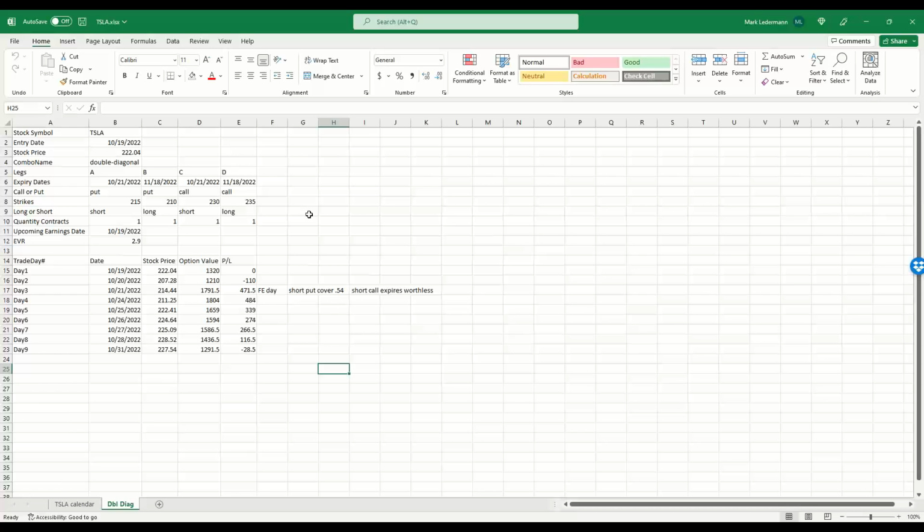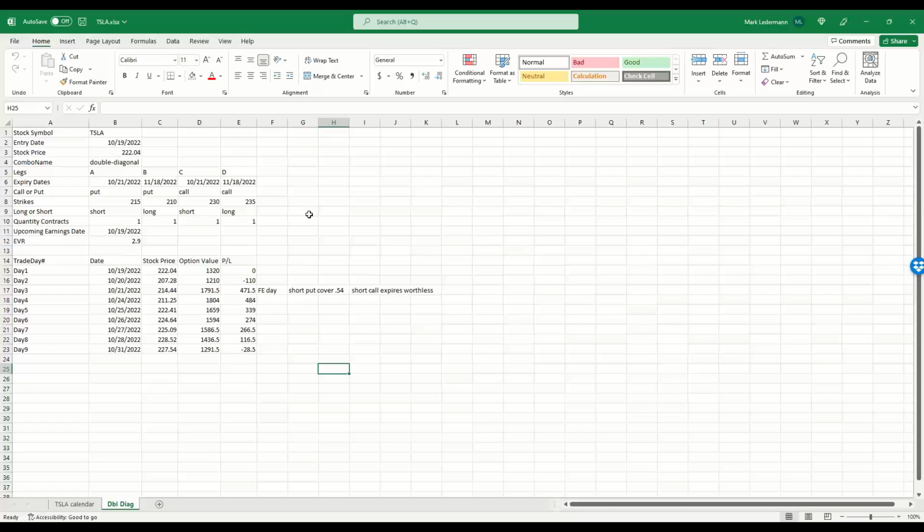One of the complaints that some traders have about the iron calendar, the iron eagle, is that the profit window is too narrow. Well, there's some truth to that. It's narrow for sure, and I'm going to illustrate that here. And so widening the strikes out to create a wider profit window is the objective here to doing the double diagonal.